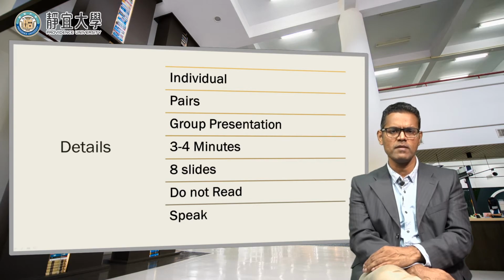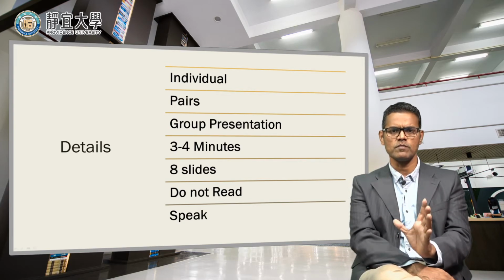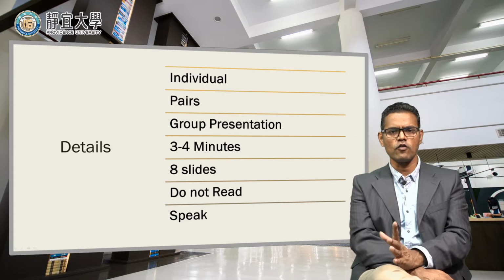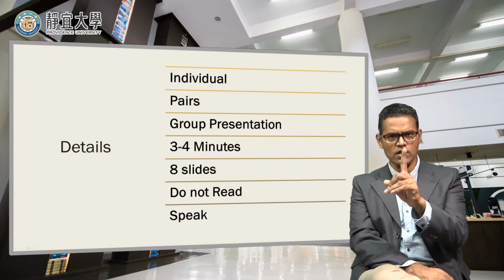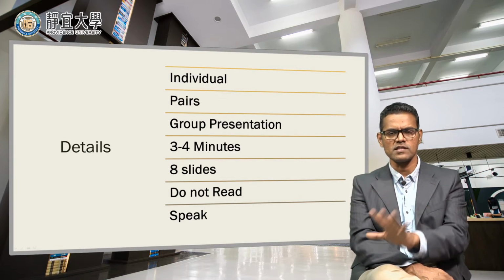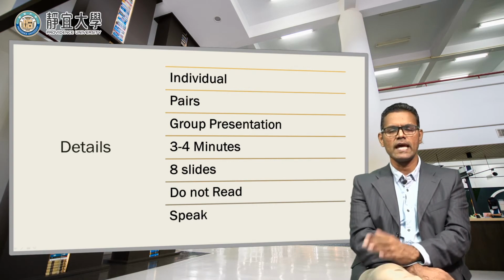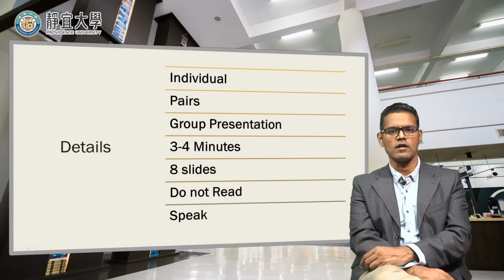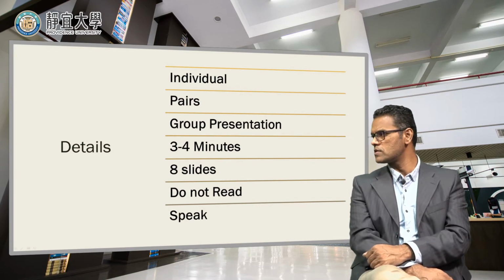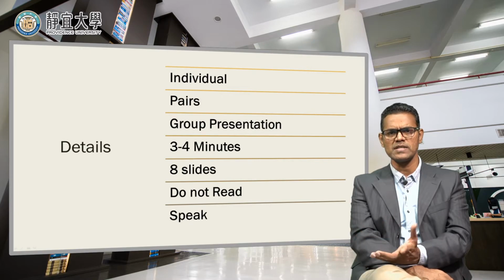So 3 to 4 minutes of presentation is a good presentation, and 3 to 4 minutes for one student, just one student. You have to speak for 3 to 4 minutes. It's not for a group, okay? So minimum 3 and maximum 4 minutes. All right. And how many slides can you use? You can use 8 to 10 slides, okay?